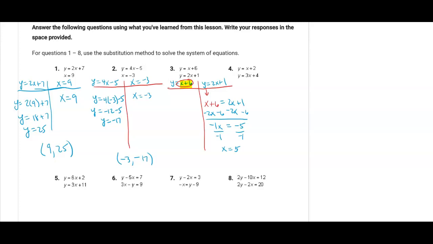I can take that value and I can plug it into either one of the equations. It doesn't matter. It's a lot easier just to jump to the other side and say y is equal to, if x is 5, replace x with 5, so 5 plus 6 gives me 11. My ordered pair solution here now, x is 5, y is 11.